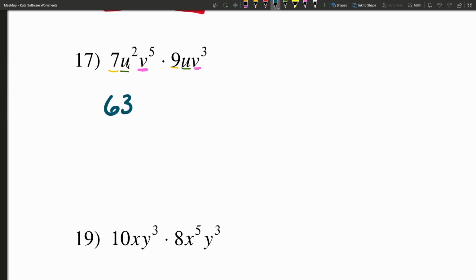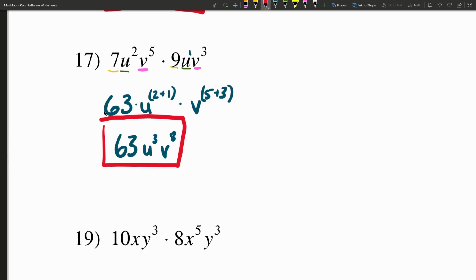And then u squared can be combined with u to the 1st by u to the 2 plus 1. And then we're going to be multiplying that by v to the 5th times v cubed, which is v to the 5 plus 3. So we're going to have 63 times u to the 2 plus 1, which is u cubed, times v to the 5 plus 3, which is v to the 8th. And there we have it.